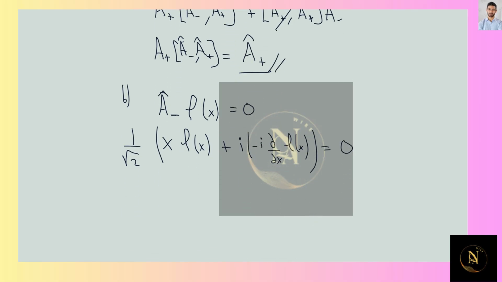Let's simplify this a little bit. This is 1 over square root of 2, x times rho of x plus the derivative with respect to x of rho of x.